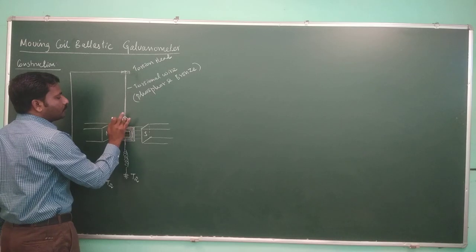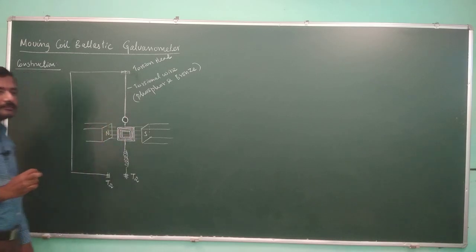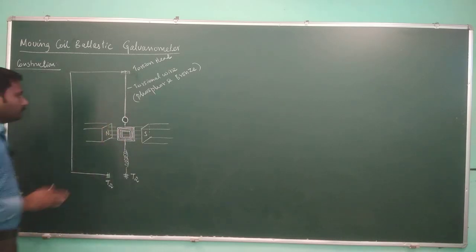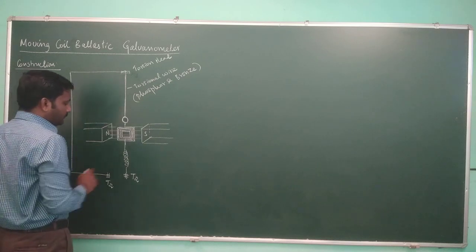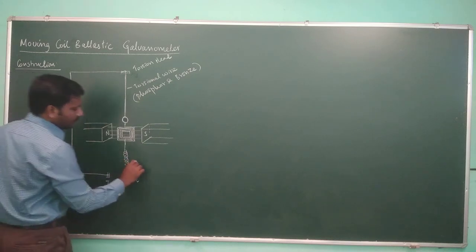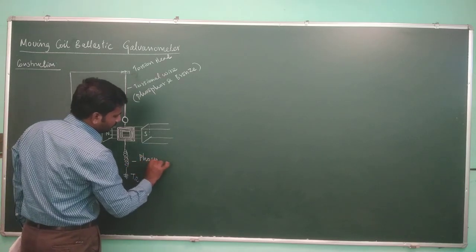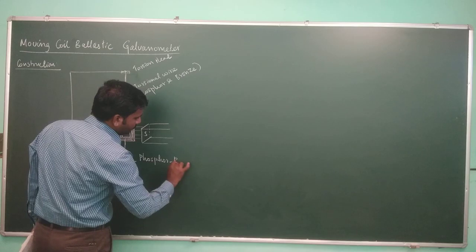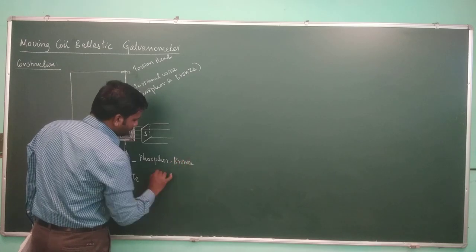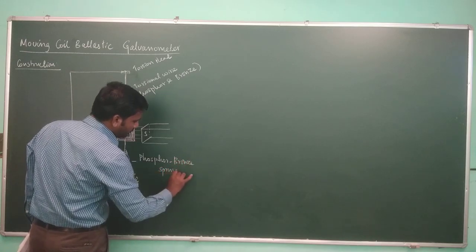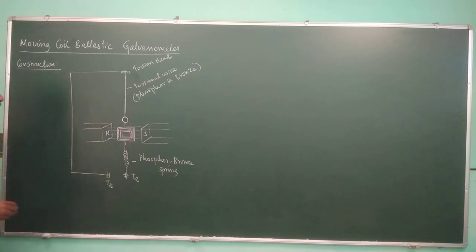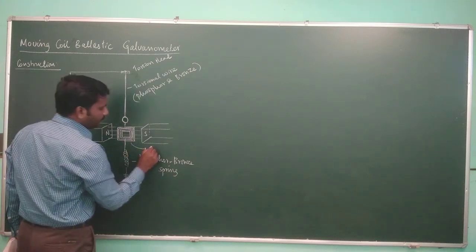This mirror is used to measure the deflection, right? So this is again a phosphor bronze spring, and it is a coil made up of copper.